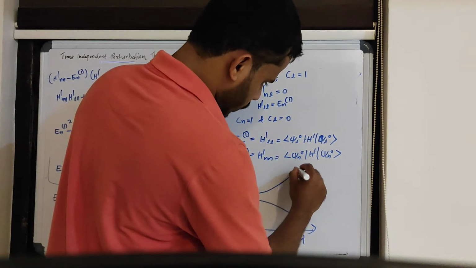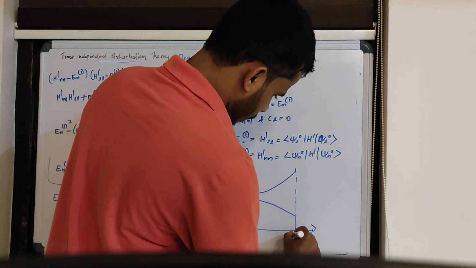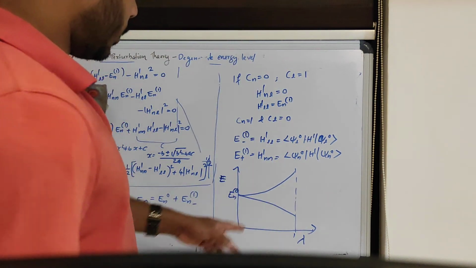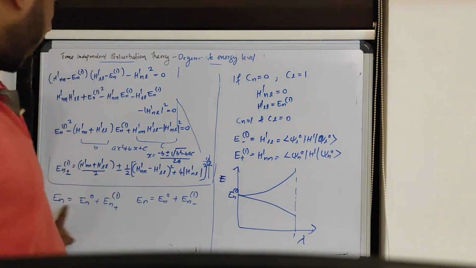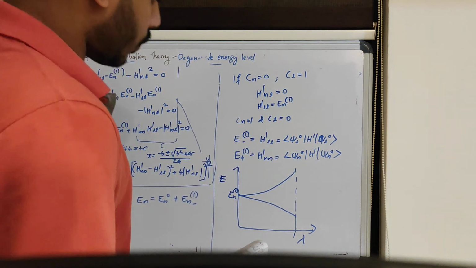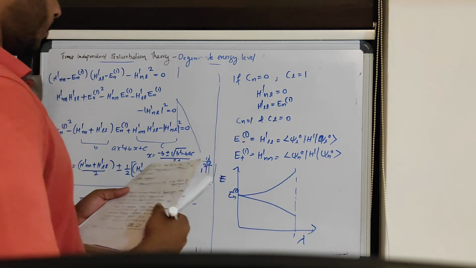Suppose the perturbation is equal to 1. It means that the system is perturbed, and in that case one energy level becomes En0 plus En minus, and this corresponds to En0 plus En plus.